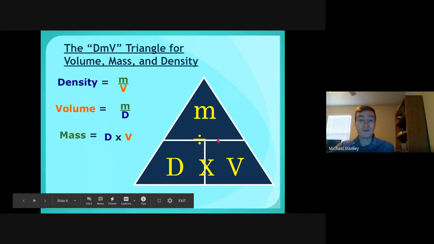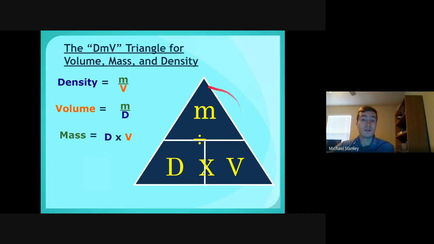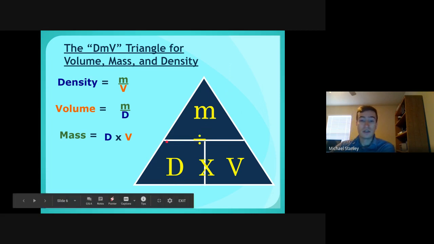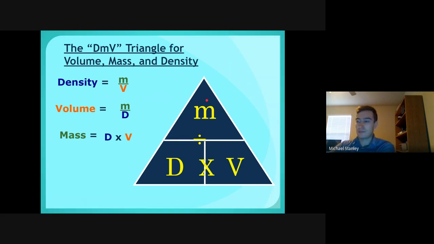And finally, if you want to know the mass, and you know the density and the volume, the triangle says do density times volume, and that'll be equal to the mass.